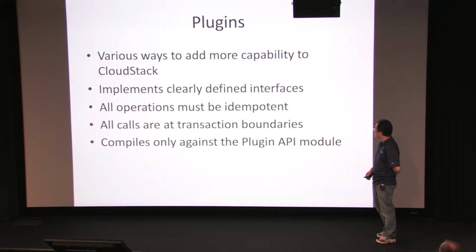All right. And we make sure that the plugins and modules only compile against our API module, which only contains the interfaces, so that we don't have any crossovers between those code boundaries.